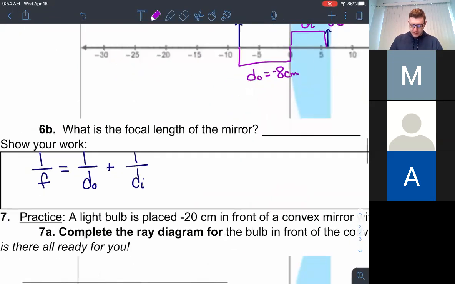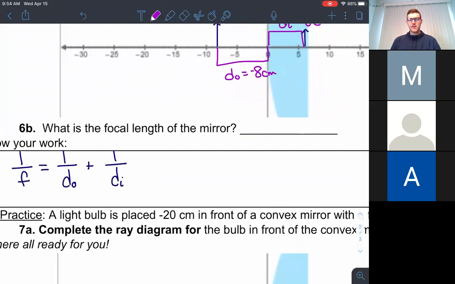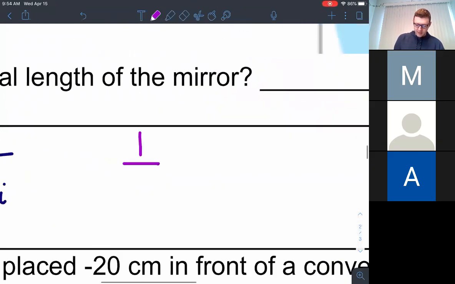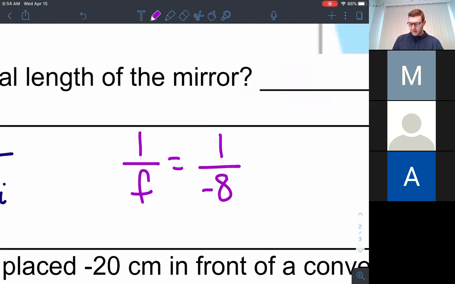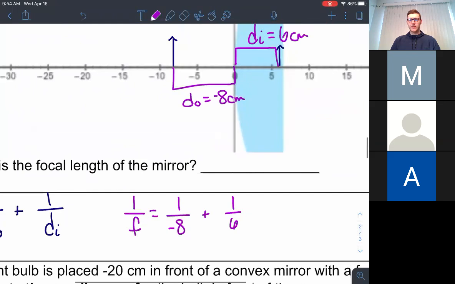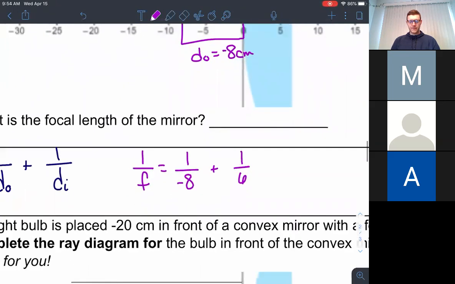Now we can set up our problem for 1 over F. So 1 over F is equal to 1 over -8 plus 1 over 6, because we're just taking those values from up here and plugging them in.